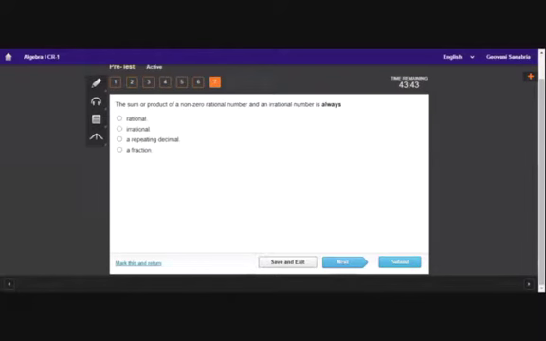One of the rules that we already talked about is that the sum of a rational and an irrational gives you an irrational.